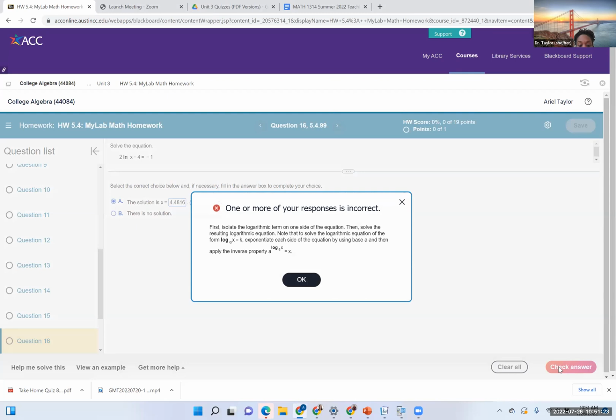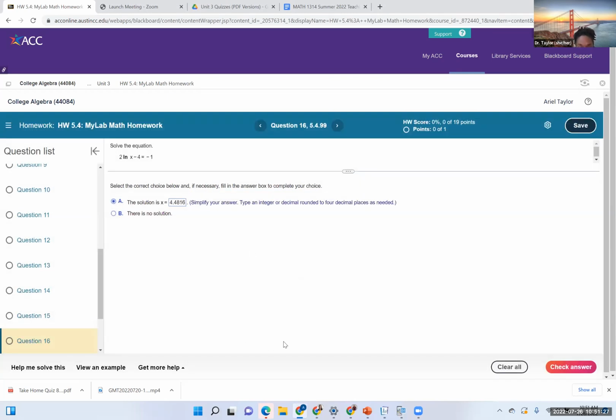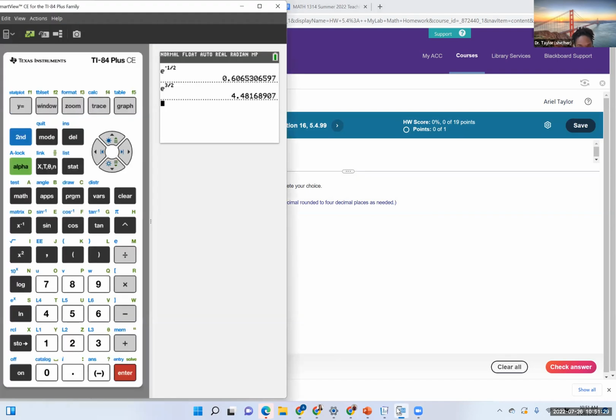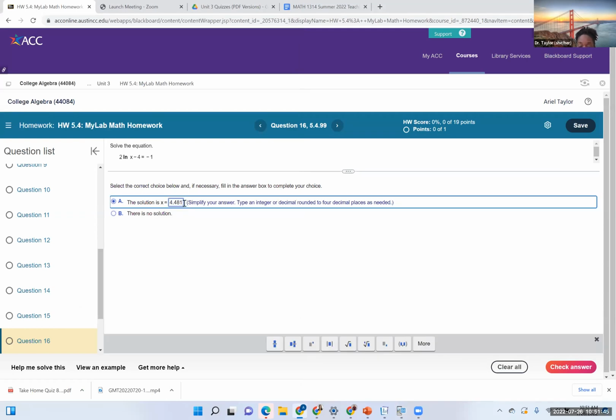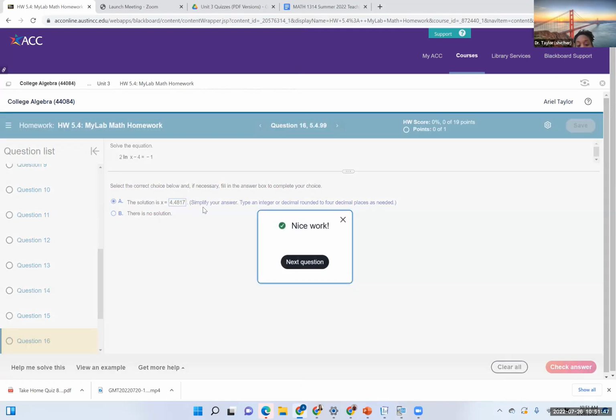Check the answer. Nope. Oh, the 4th decimal place will go up 1. You'll see that's an 8, so we'll push that 6 to a 7. So let me try that. This is really finicky.